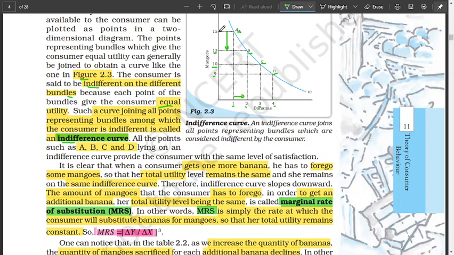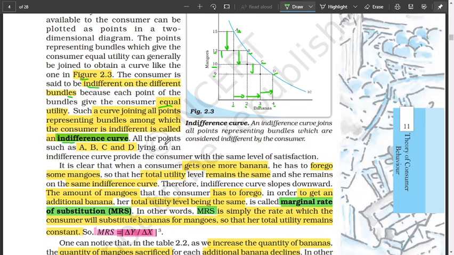So you have to consume less of mango to be able to consume more banana. Also from B to C, you have to consume less of mangoes to consume more bananas, and from C to D as well. So to get one more banana, he has to forego some mangoes.